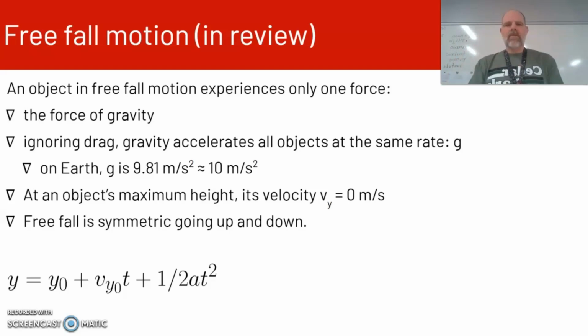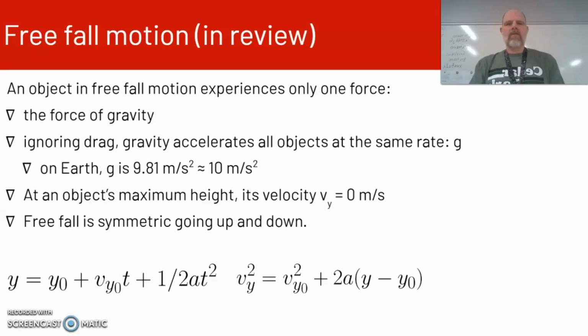Our kinematics equations in the y direction are y equals y naught, the vertical displacement, plus vy naught times t, plus 1/2 at squared. Vy squared is equal to vy naught squared, plus 2a times y minus y naught.